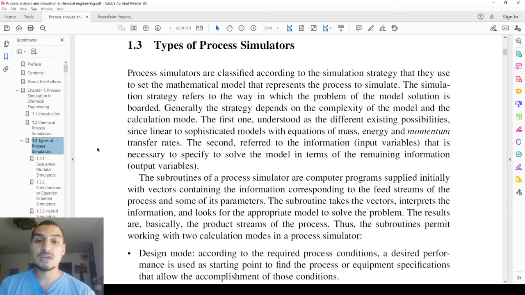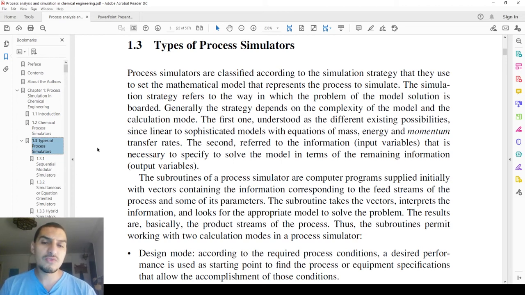And then we check the degrees of freedom of each unit so that we can tell what will be the strategy of solution, which unit is going to be the starting unit, and what is going to be next, and so on. And we know from this if we are going to do any tearing, so that we can do what we call the iterative solution, so we can get the final solution in case of recycled streams or something like that. So this is the way we do the solution if we are going to do it manually.